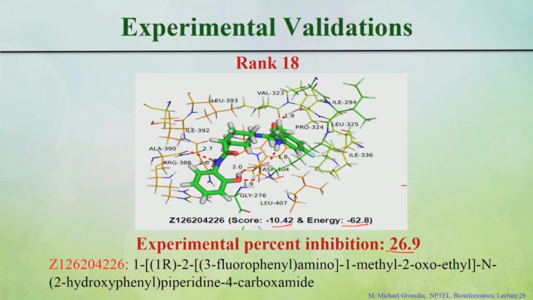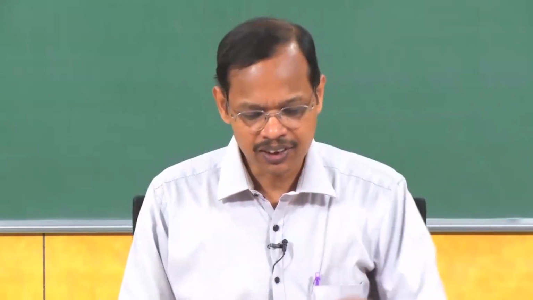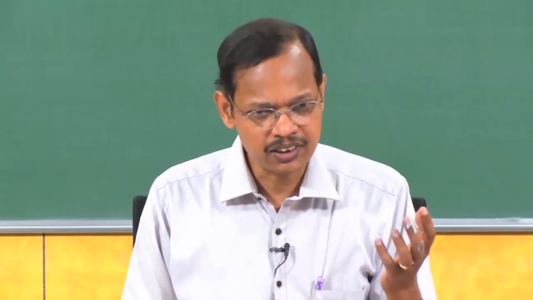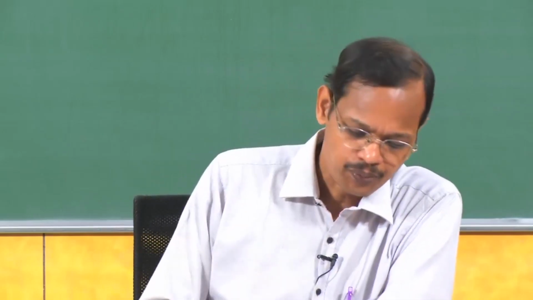The score comes from an empirical equation that combines different factors and finally gives a number, that is called the Glide score. For energy, they calculate the van der Waals energy and the electrostatic energy, like the AMBER force field, and then give the total energy of this system. This is the energy using Glide.